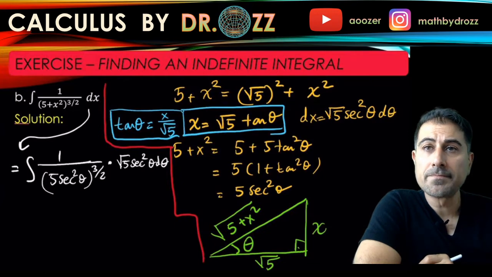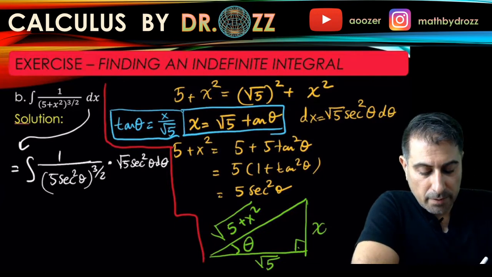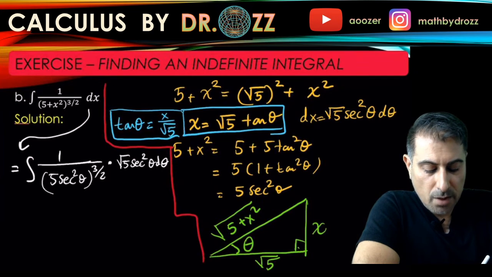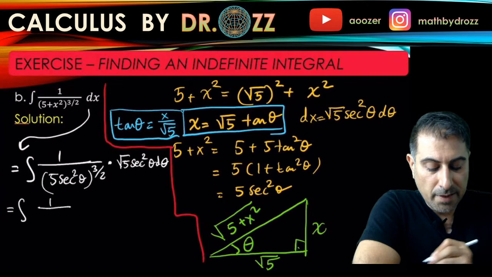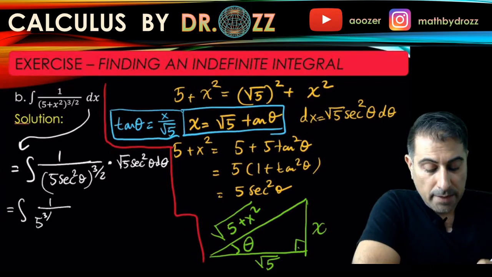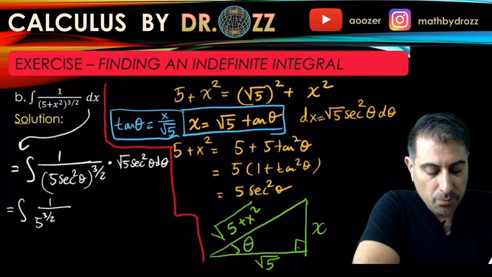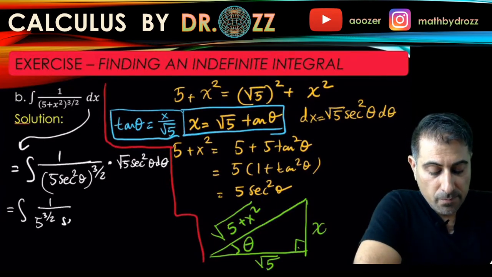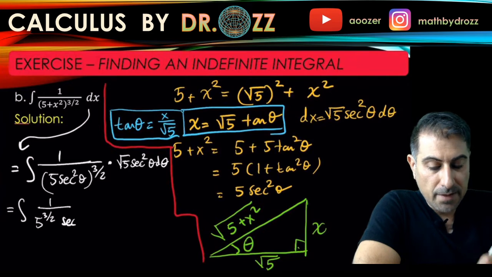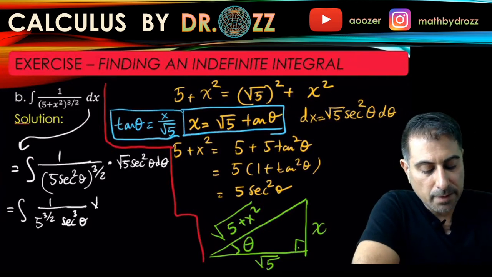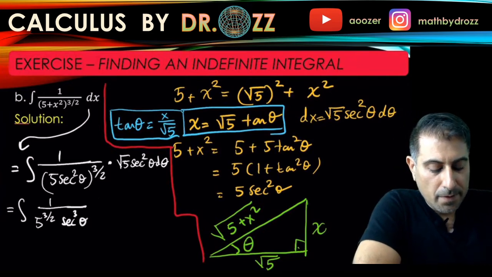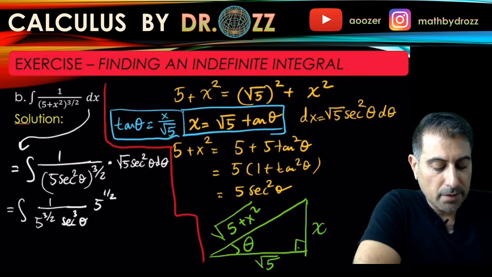Let's simplify this. 1 over 5 to the power of 3 halves, and secant squared to the power of 3 halves is secant cubed, because we multiply the powers, power of a power. Then radical 5, which is 5 to the power of 1 half, and then secant squared theta d theta.